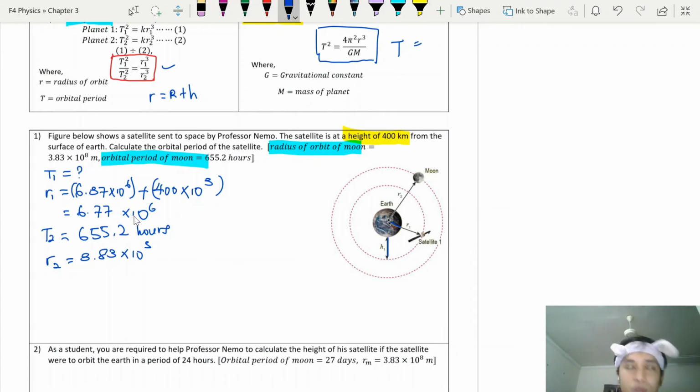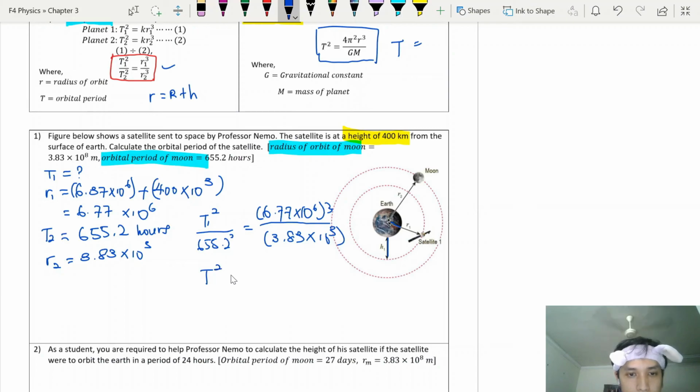So basically what we are going to do is substitute into the formula in this equation here. So T1 squared, don't know, over T2 squared, meaning 655.2 squared, equals 6.77 times 10 to the power of 6, cubed, sorry, because this is r cubed, divided by 3.83 cubed.